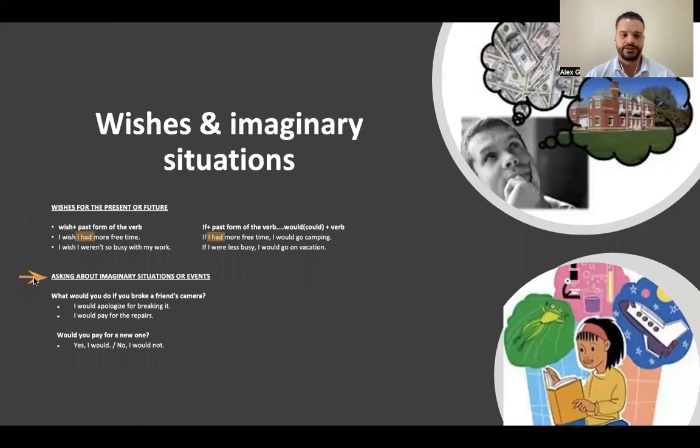When we want to ask questions about imaginary situations or events, we can ask a question in the following way. What would you do if you broke a friend's camera? So in this case, we have WH question plus would plus the subject plus the verb, okay?